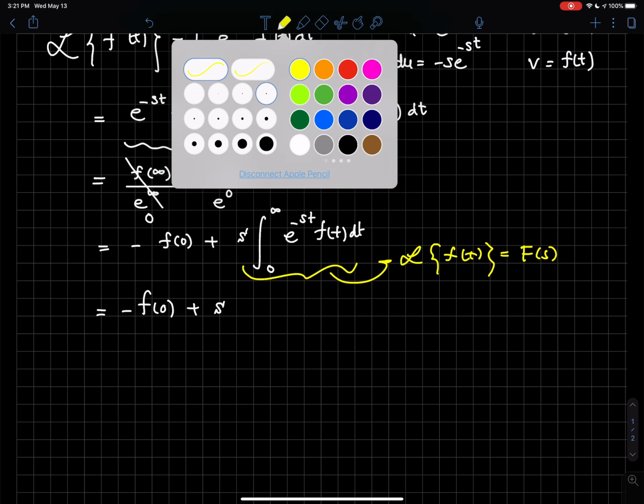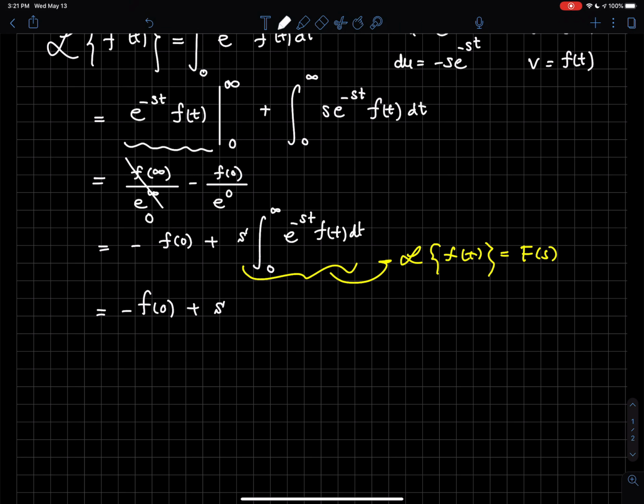So that becomes s times the Laplace transform of f of t, or I could also write it as minus f of 0 plus s F of s. I've also seen it written as s F of s minus f of 0. Either way you write, that is the Laplace transform of a derivative.